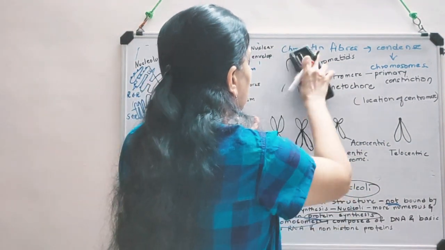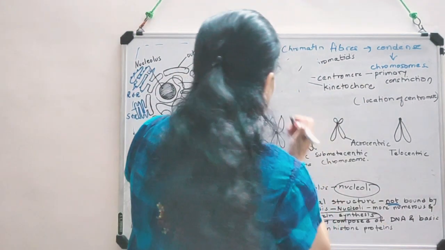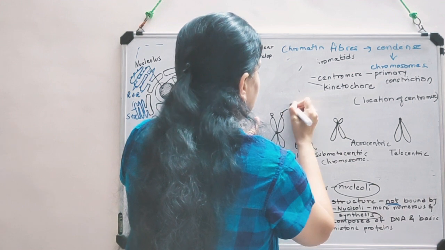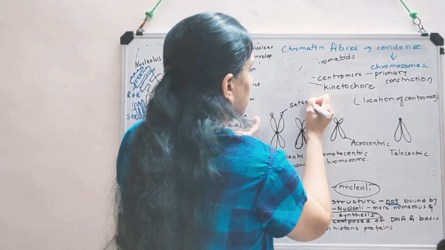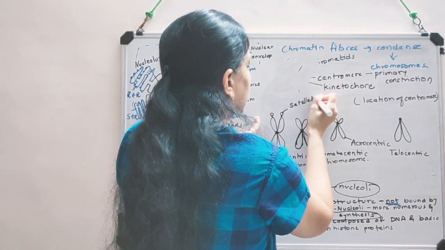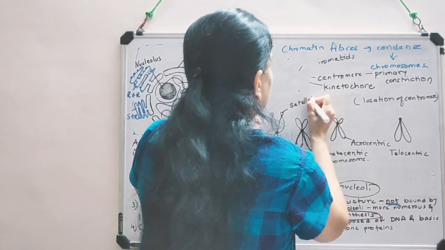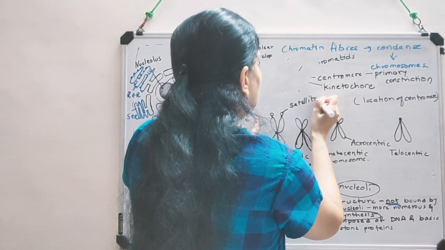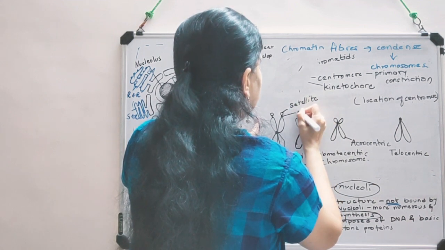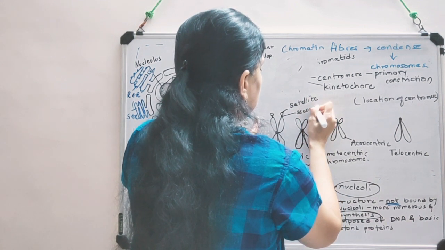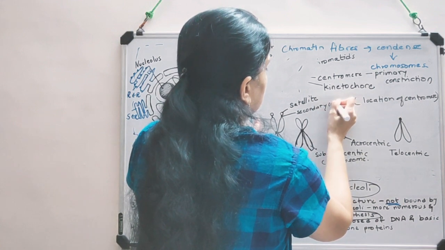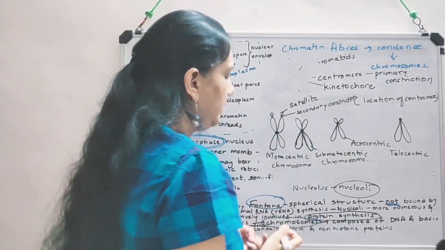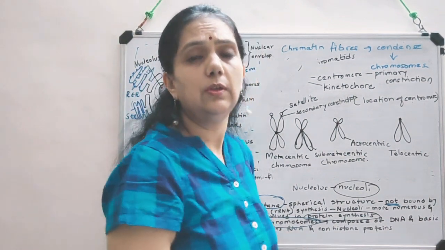The part above that is called satellite, and the constriction for this is called secondary constriction. Okay. So this is the little detail which I have shared with you.